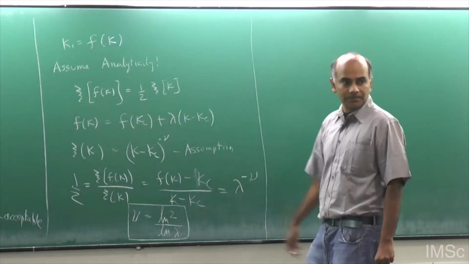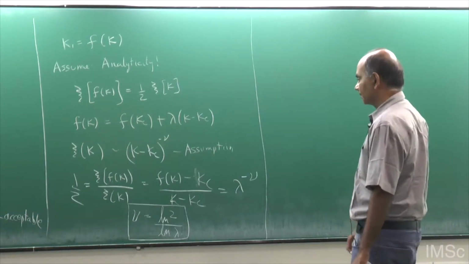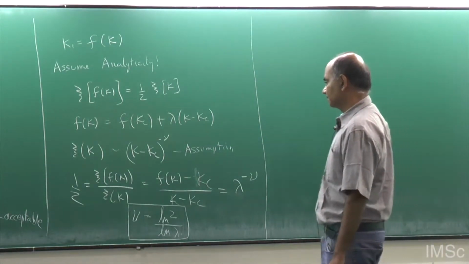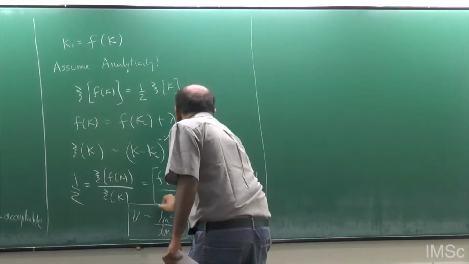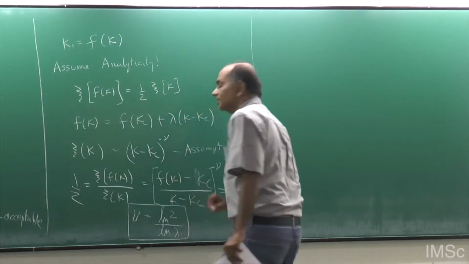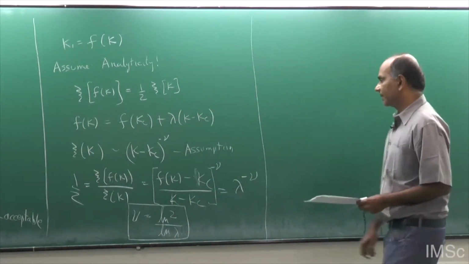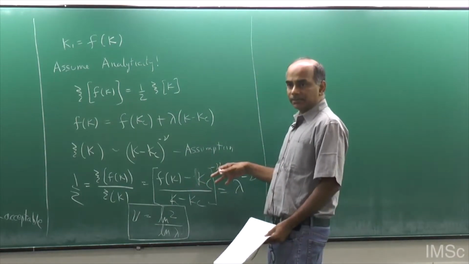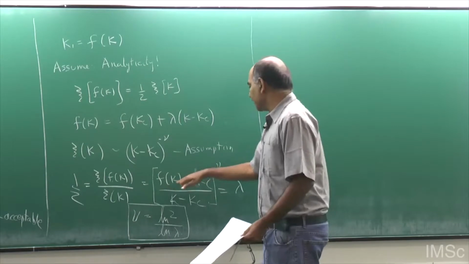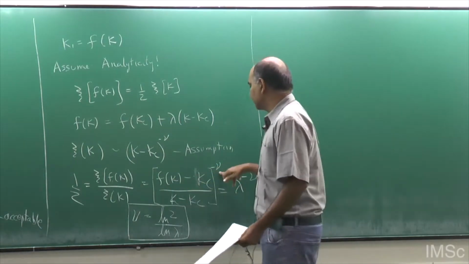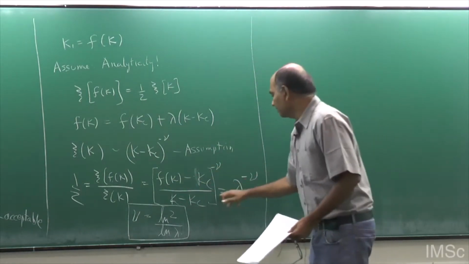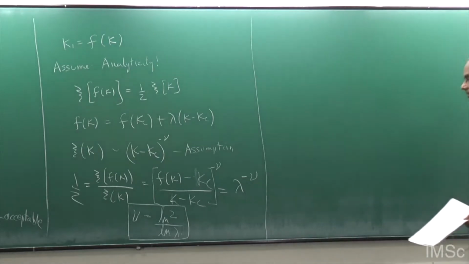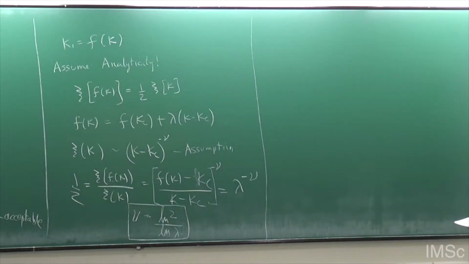F(kc) is just kc, because it's a fixed point. So this is just lambda. So you get the non-analyticity.